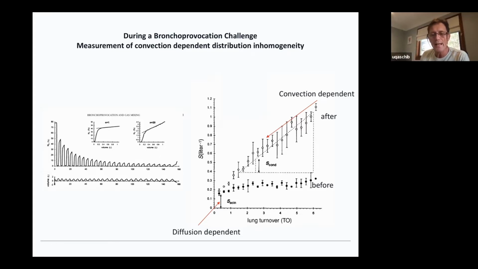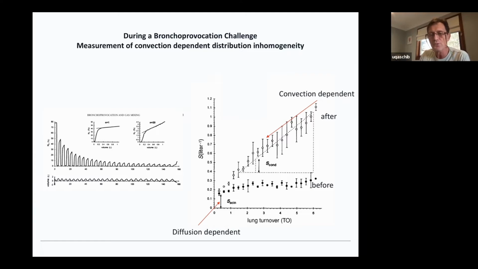You can see in a healthy lung, that's an example during a bronchoconstriction. The dark, filled circles are at resting state before bronchoprovocation. You can see these slopes plotted from breath number 1 to breath number 20.